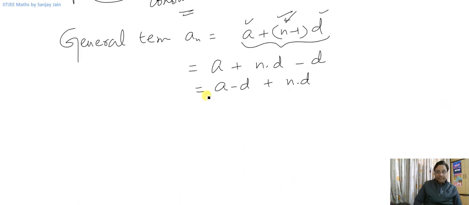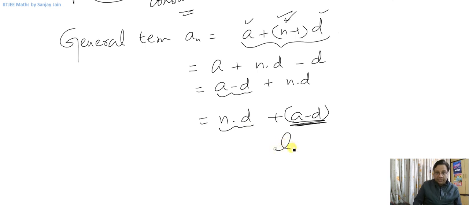This a minus d here is independent of n. Okay, so let me write it like this, n into d plus a minus d. This term is independent of n, and this term has got a linear n, right? And what is the coefficient of n? It is common difference.